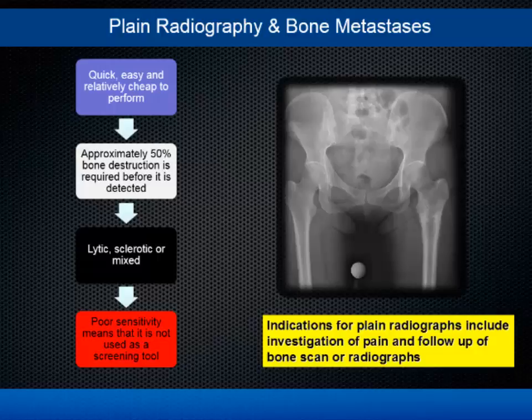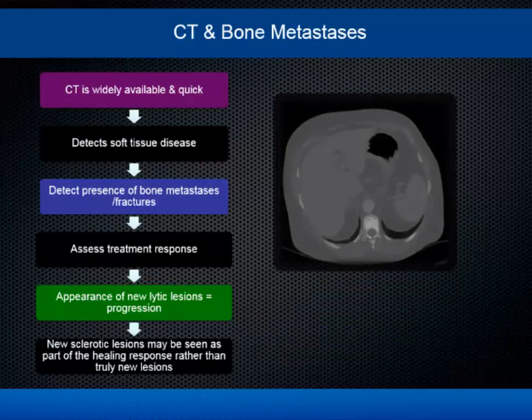Coming to the CT bit, CT is widely available again. I can do most of the scans within a minute or two, and it's got an additional value that it can look both at the bones as well as the soft tissue, and also the complications related to the bone pathologies like fractures and other things, and it's also useful in assessment of treatment response.